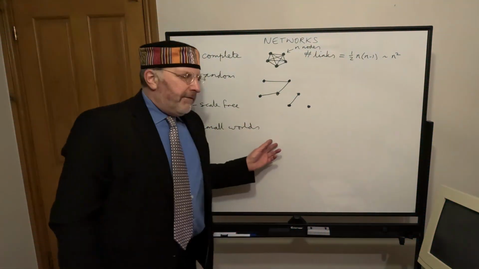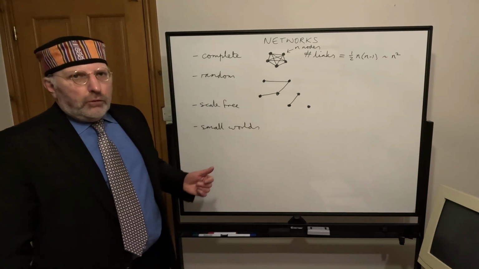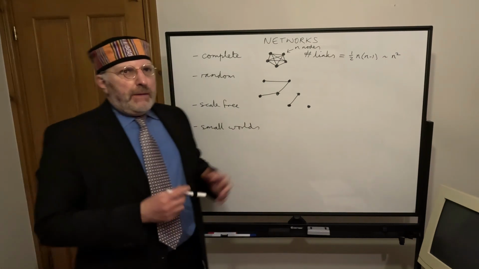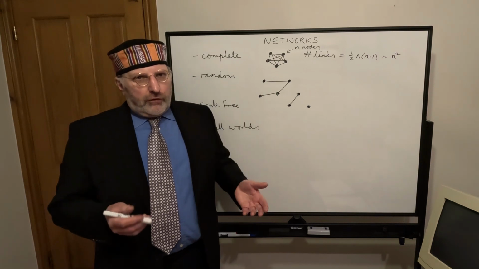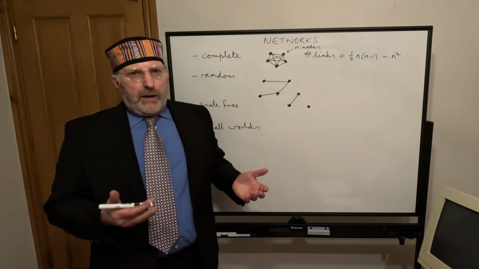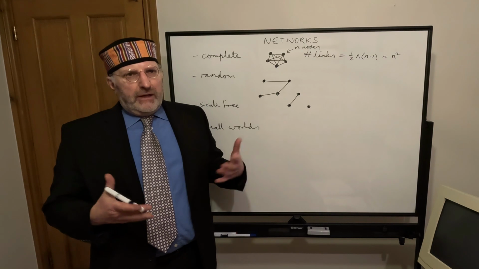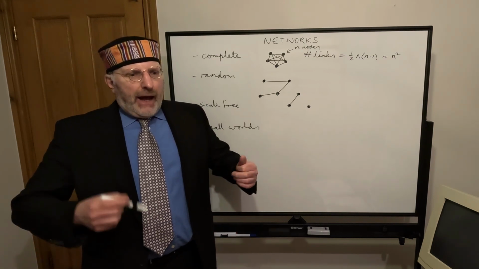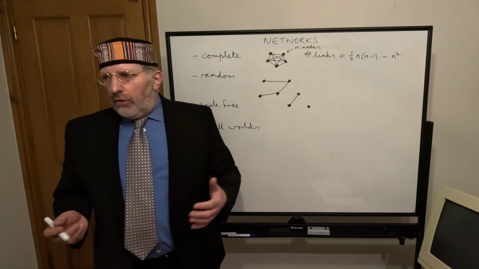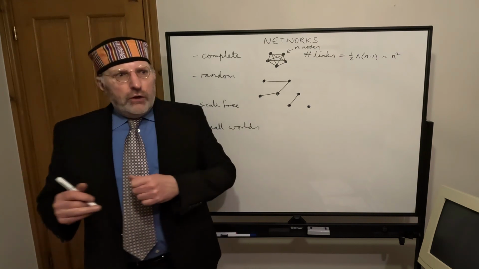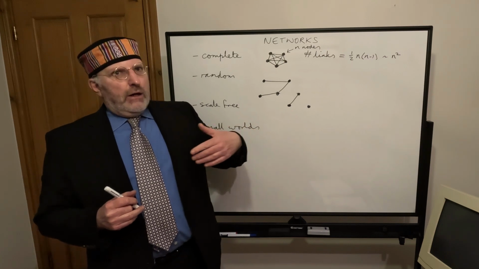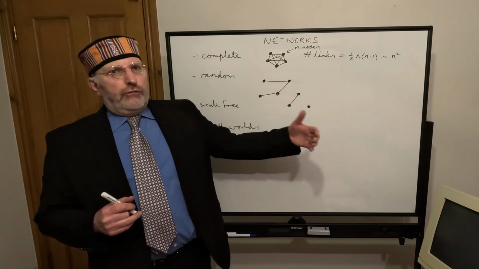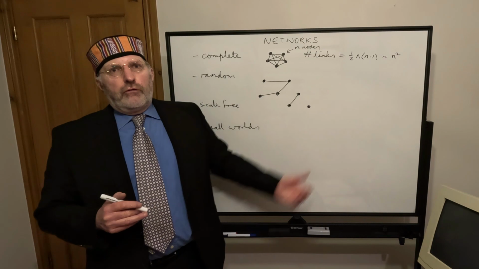And our next type of network is known as a small worlds network. So many people will have heard of the idea of 6 degrees of separation, based on the experiments of the psychologist Stanley Milgram in the 1960s, where he tried to see how many steps it would take for a person to make contact with an entirely random person in another, distant city.